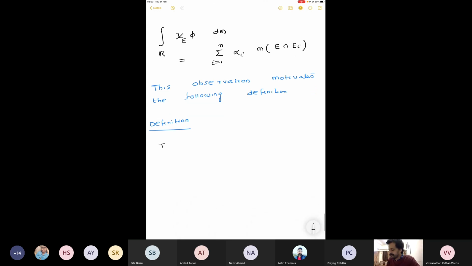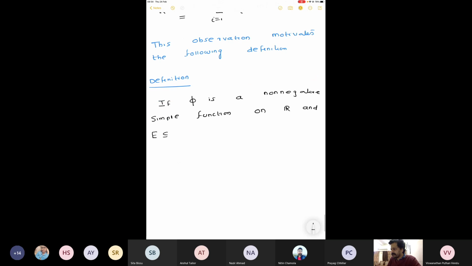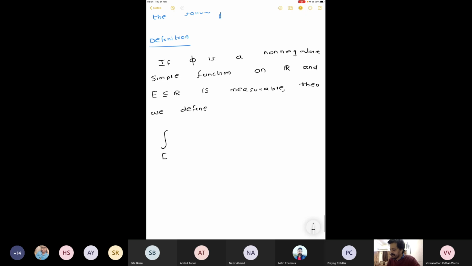Okay, so if phi is a non-negative simple function on R, and E is a subset of R which is measurable, then we define the integral over E of phi dm.